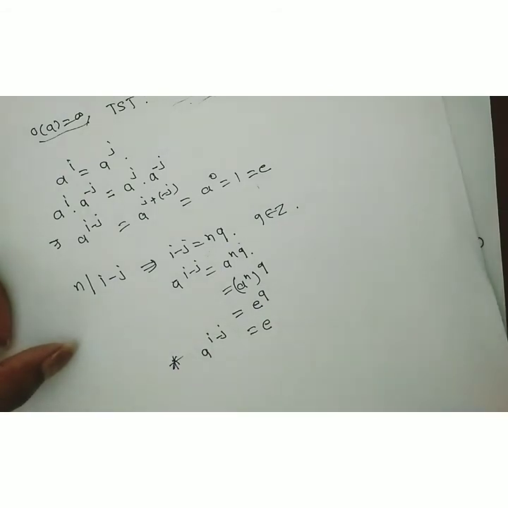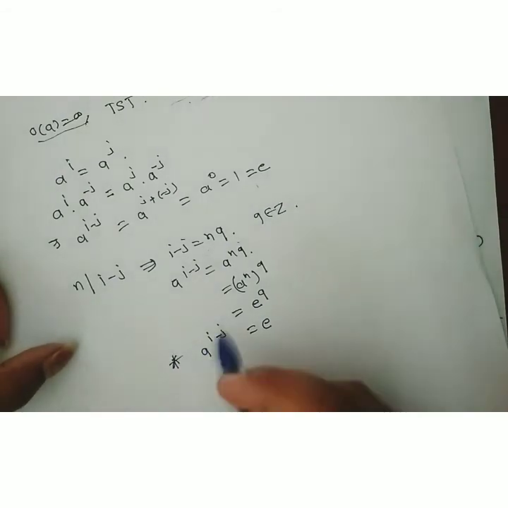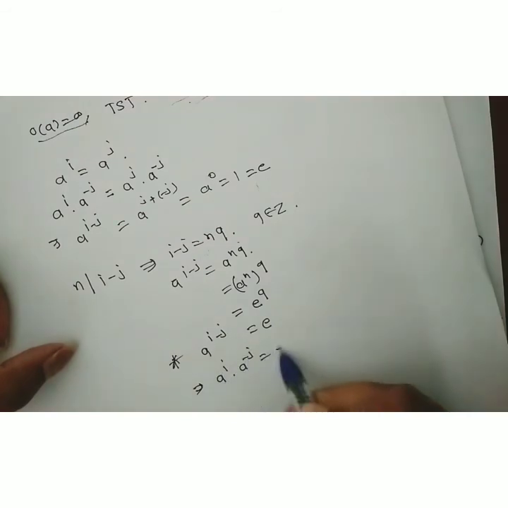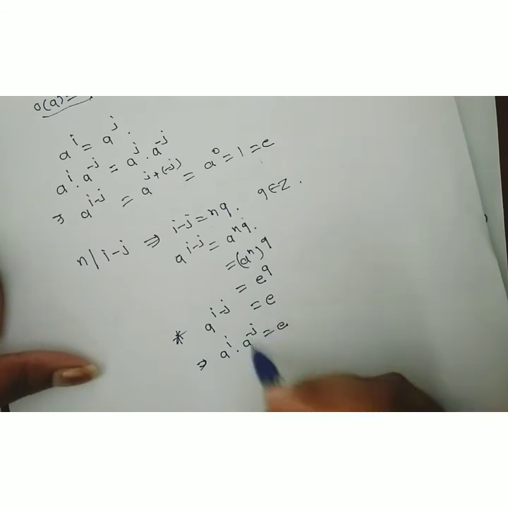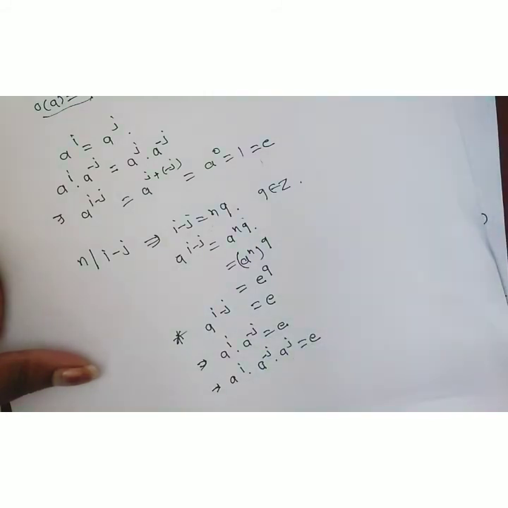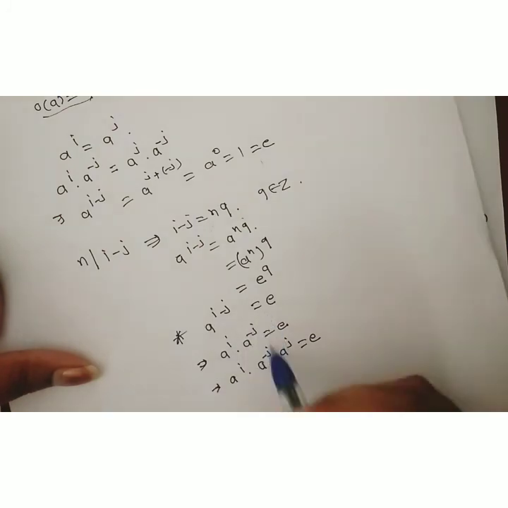Since a raised to i minus j is equal to identity, this implies that a raised to i into a raised to minus j is equal to identity. Then again, multiplying both sides by a raised to j, a raised to i into a raised to minus j into a raised to j is equal to identity into a to the power j.